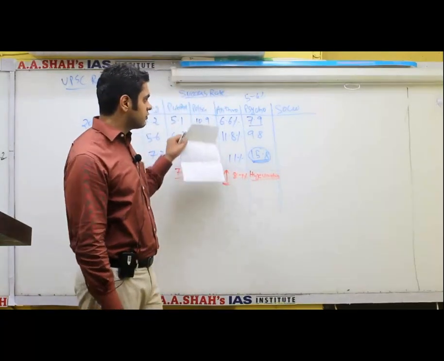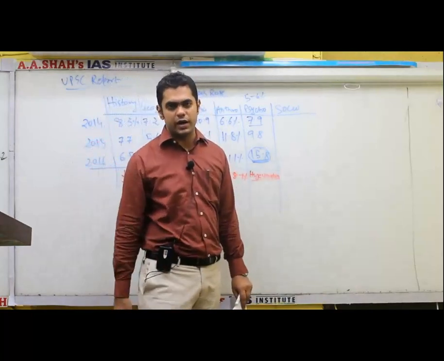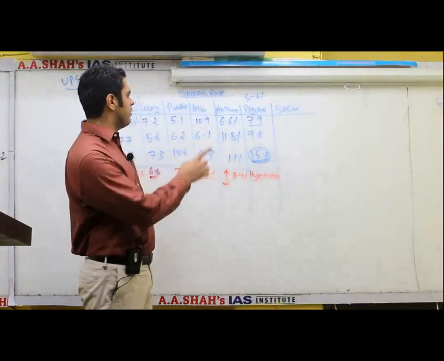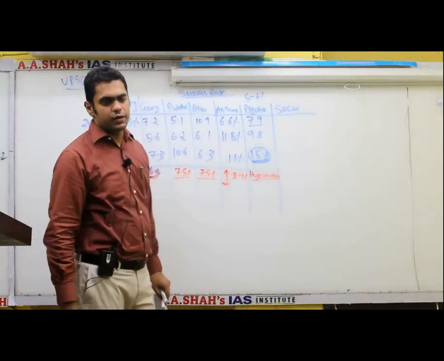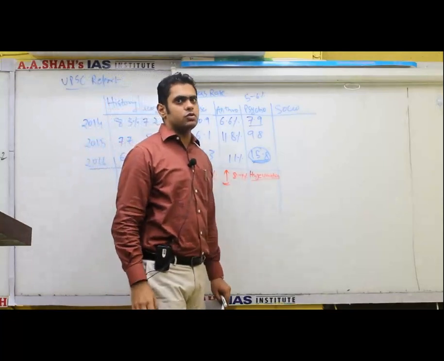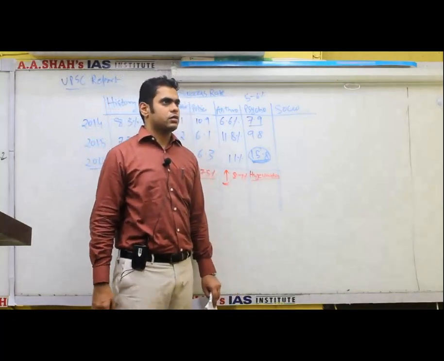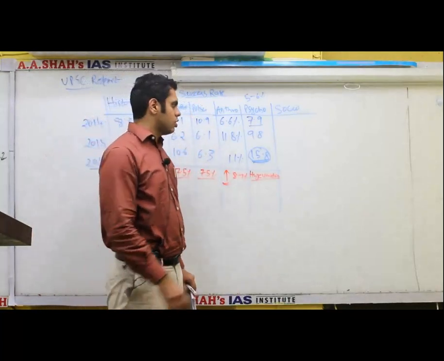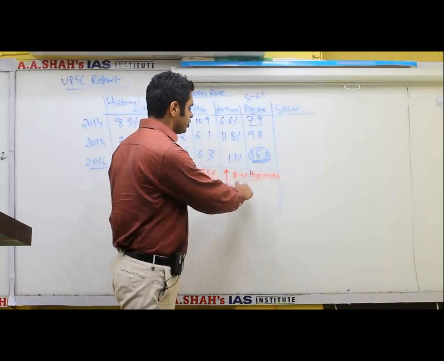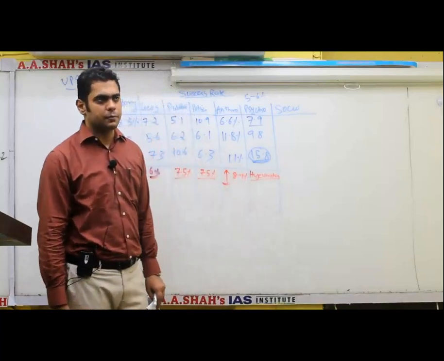So that is the risk which anthropology faces in the 2018 and 19 and 20 attempts, because the same thing happened with public administration and history and geography. So yes, no doubt it is a very popular optional today, but it has a risk of being scaled. So as of now, the average success rate in anthropology is around 8 to 9%.